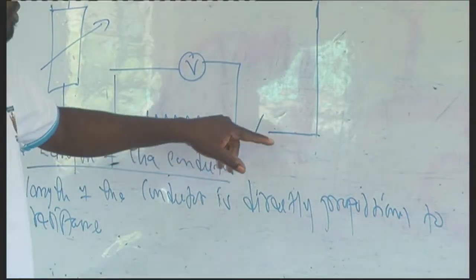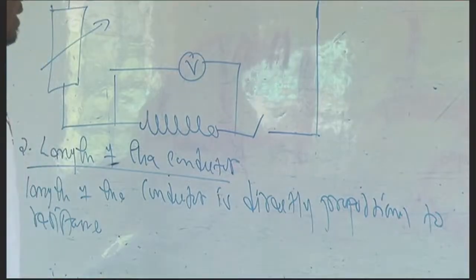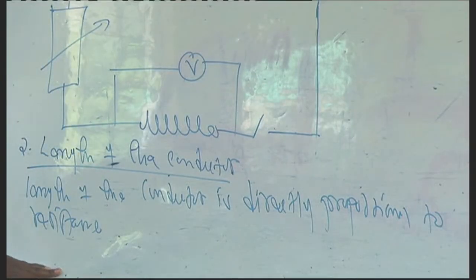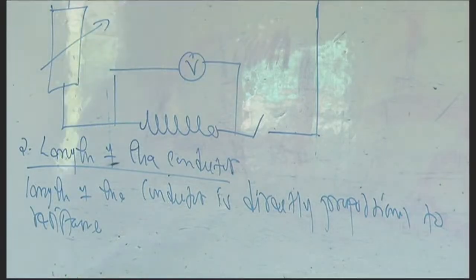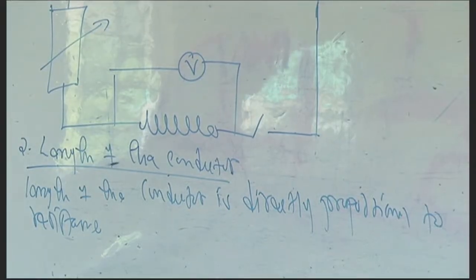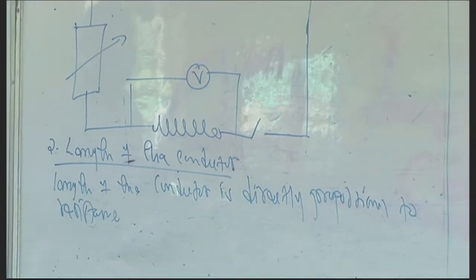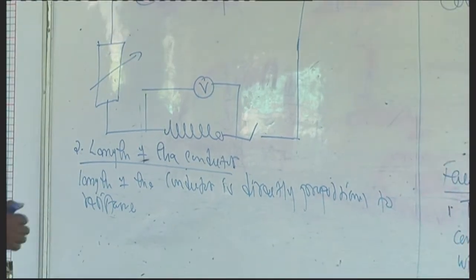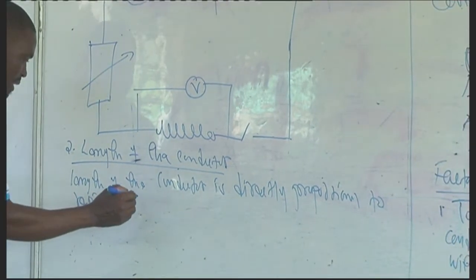So if you use longer connecting wires, then you are at risk of causing more resistance, and you will again notice a very small current flowing. So the longer the length, the higher the resistance, and vice versa. Let me write here.